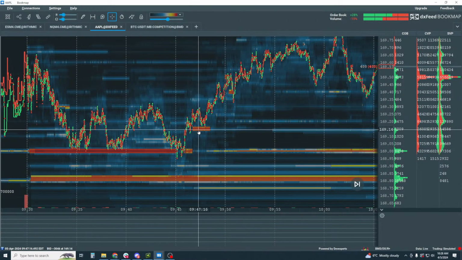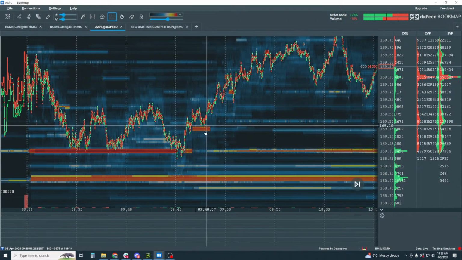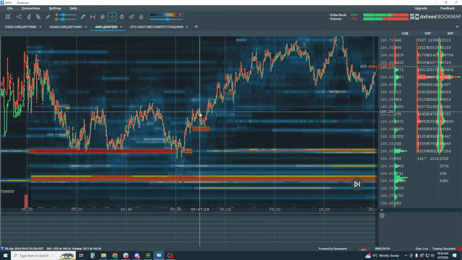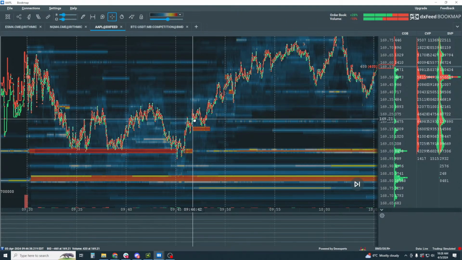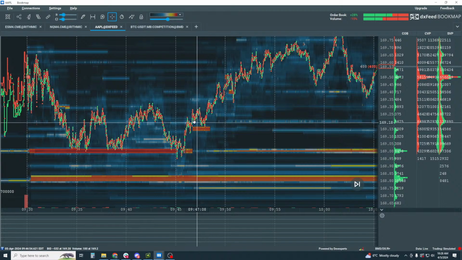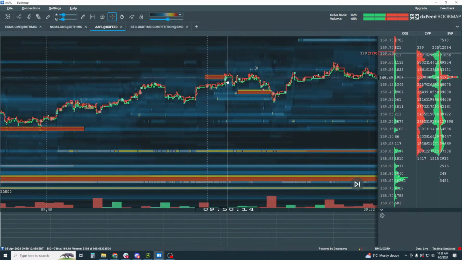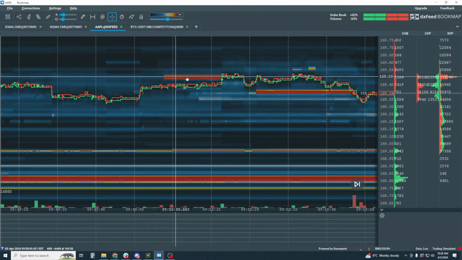They're chasing after it. It's like, come on, sell to me, but the sellers don't want to sell to these buyers. So we see price moving away. Finally they took them on here on the offer.